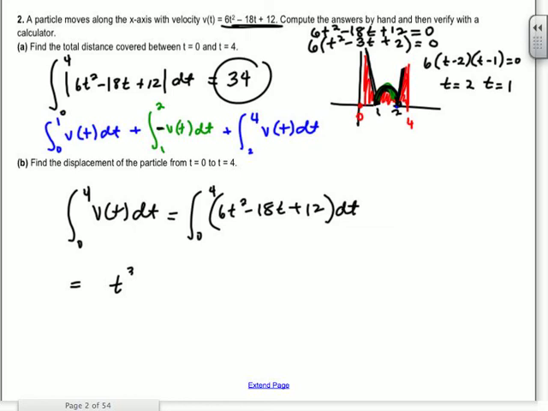I get 2t cubed minus 9t squared plus 12t going from 0 to 4. So 32 minus 0 is 32. So 32 would be your answer.